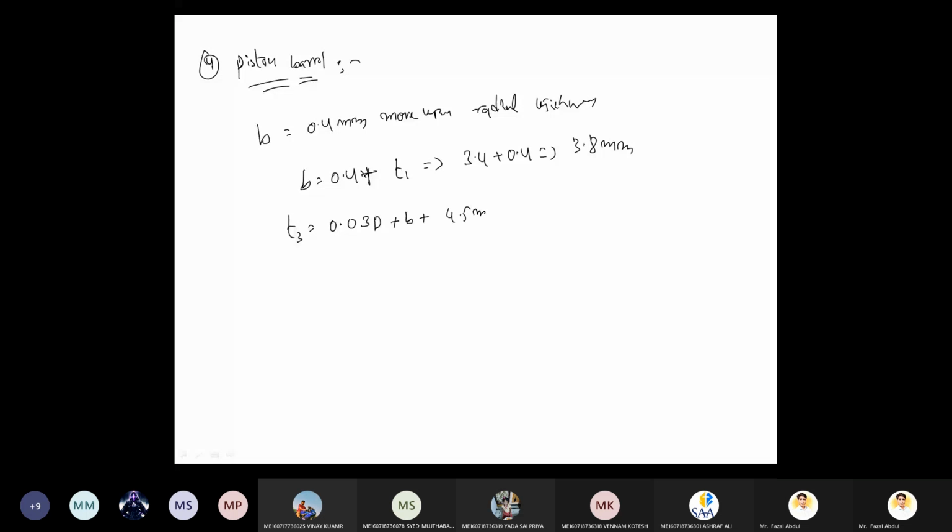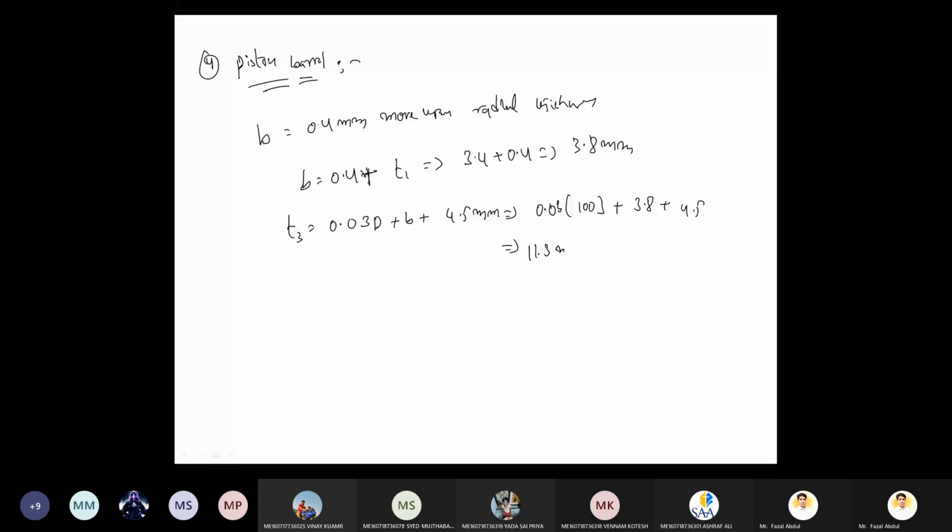So 0.03 into 100 core diameter plus B value, I got 3.8, plus 4.5. So 0.03 into 100 plus 3.8 plus 4.5. The answer is 11.3 mm.